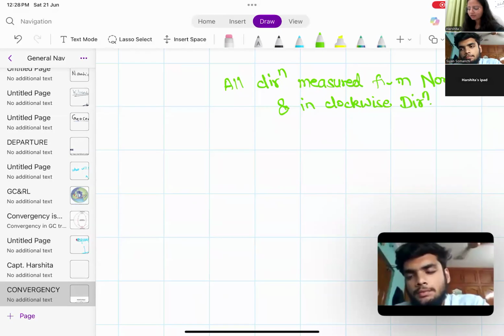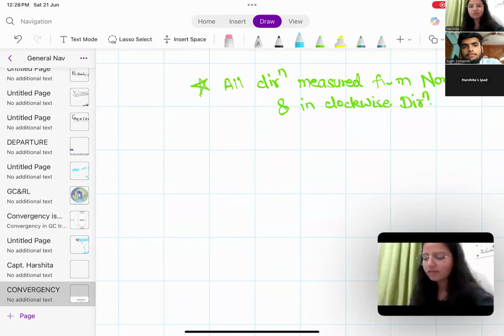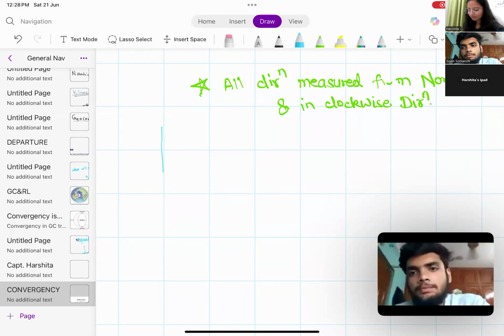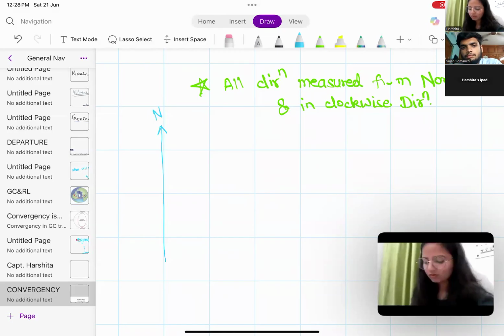Are you happy about it? Whatever I have written. This is north. Starting from here, I can say this is 000 degrees. If I want to calculate any particular angle, I'll start my calculation from this point. This will be my reference point, the straight line.